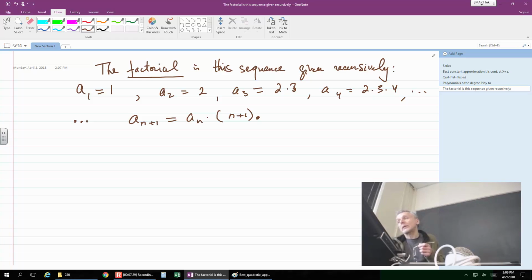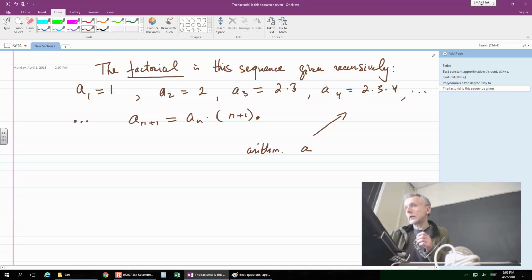If you want to compare it to other sequences that we have seen a while ago, remember, the two main ones were arithmetic and geometric. Arithmetic is given recursively: b(n+1) is equal to bn plus p.